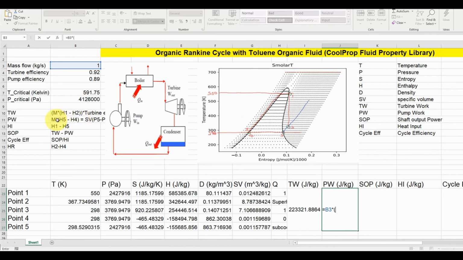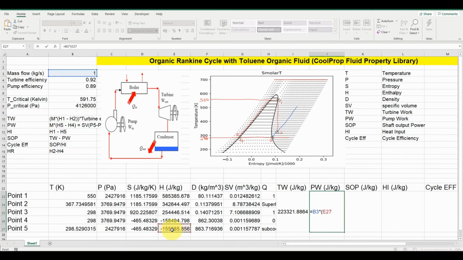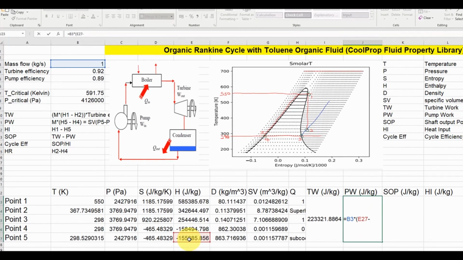So I'll just use the H5 minus H4 to calculate the pump work. H5 minus H4 all divided by the pump efficiency. And that's the pump work.